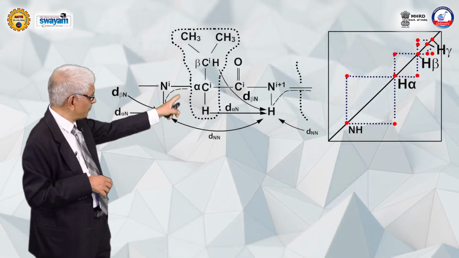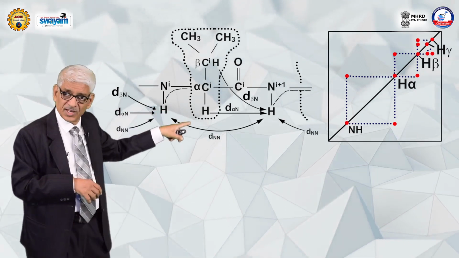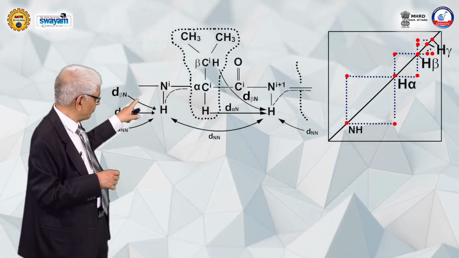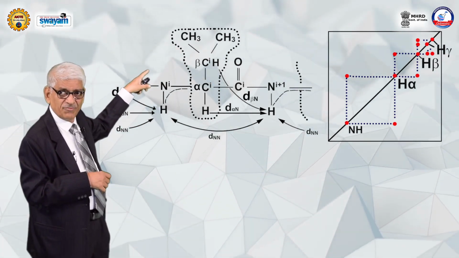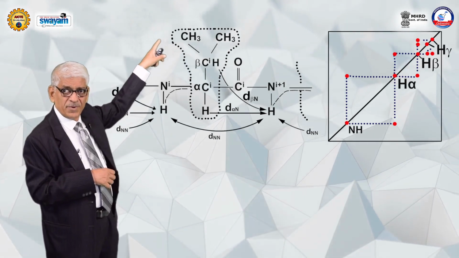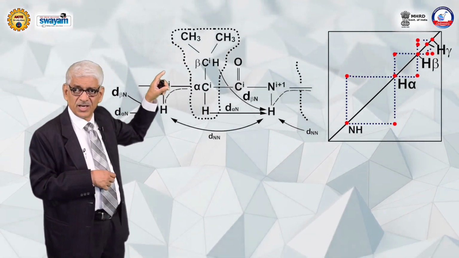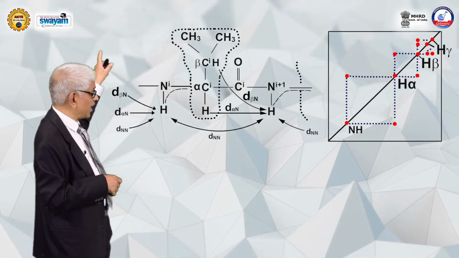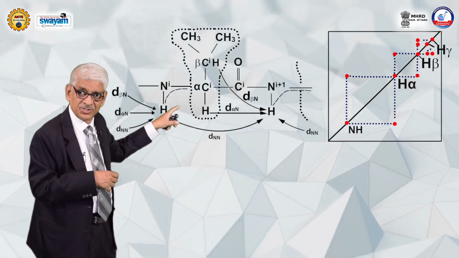You have the coupling from the amide proton to the C alpha proton, then from the alpha proton to the C beta proton, and from the C beta proton to the two methyls, which are the two gamma protons. And there is no coupling between the amide proton of the next residue and any of the protons in the previous residue.